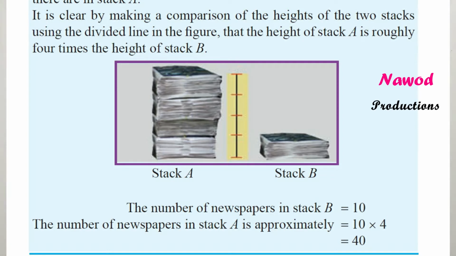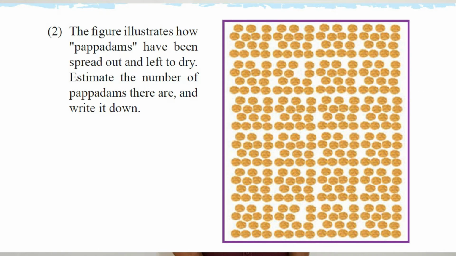Then on the screen you can see the next example question. The figure illustrates how pappadams have been spread out and left to dry. Estimate the number of pappadams there are and write it down. Can you see there are some groups of pappadams? On one group there are 14. 1, 2, 3, 4, 5, 6, 7, 8, 9, 10, 11, 12, 13, 14. 14 pappadams are there.